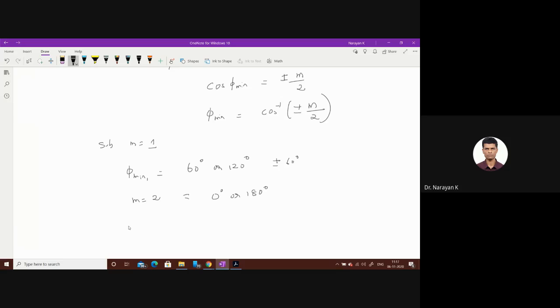Substitute m is equal to 3. Substitute n is equal to 3, m is equal to 3.